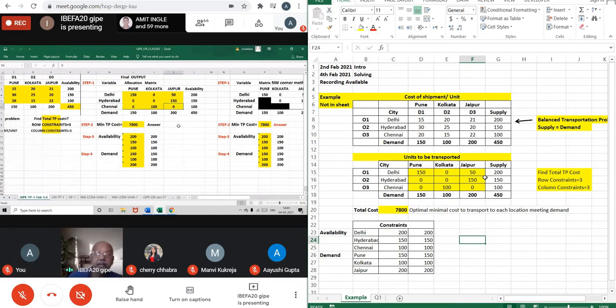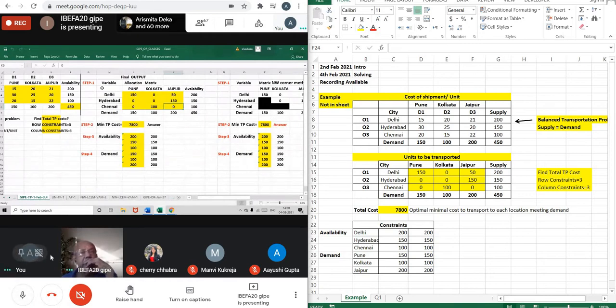But demand is met, warehouse is empty. This is the way we are going to work to get the optimum without any initial solution.